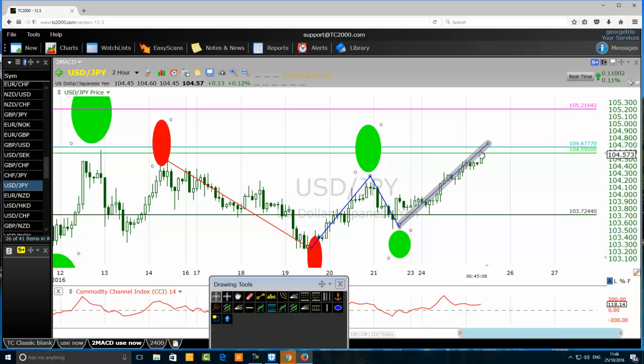When the order is filled, I'll use no more than 20 pips stop loss for this trade. And then I will just leave it run, and keep my fingers crossed, my legs crossed, my arms crossed, because it's a risky trade. It's to make you laugh a bit. And hopefully it will be a profitable trade.